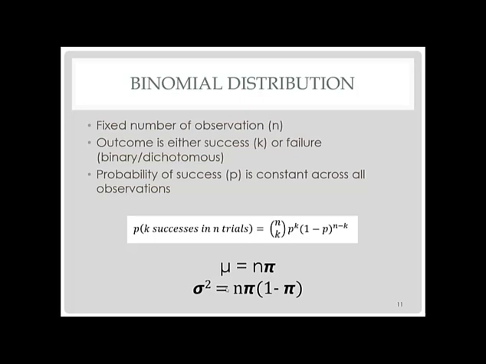And the mean of this distribution, the mu, population mean, equals n times pi, where pi is the population probability, or p. The variance, or sigma squared, is n times pi times 1 minus pi. And that pi, just to be aware, is not 3.14, right? It's the probability.